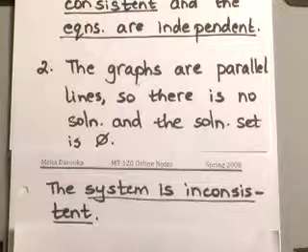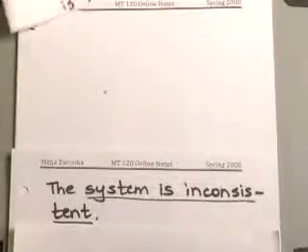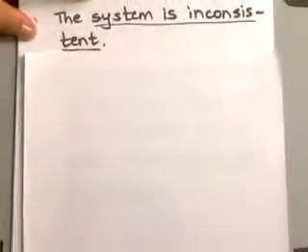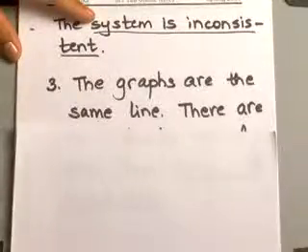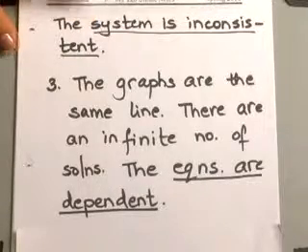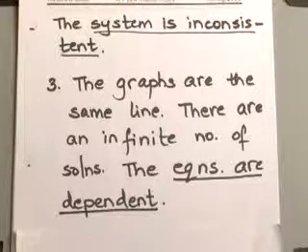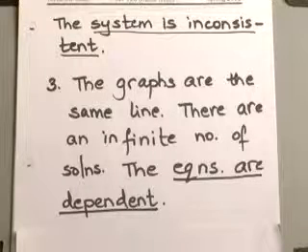When the two lines are parallel, we call it an inconsistent system. And then we had a third type of solution, where the lines were the exact same line, and you had an infinite number of solutions, and in this case we call the equations dependent. So these are the different types of systems, solutions that you can come across.